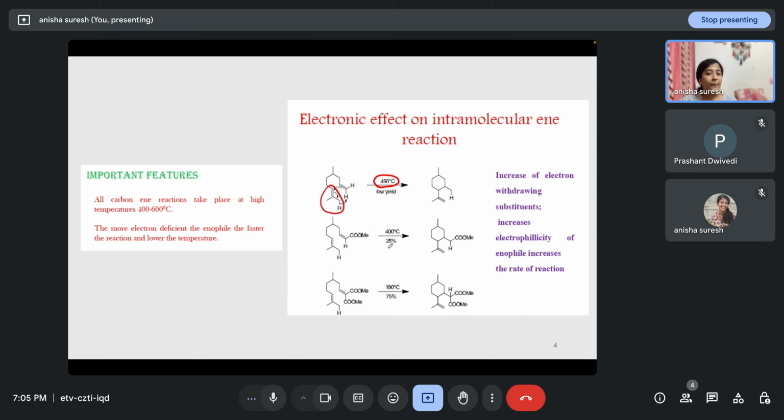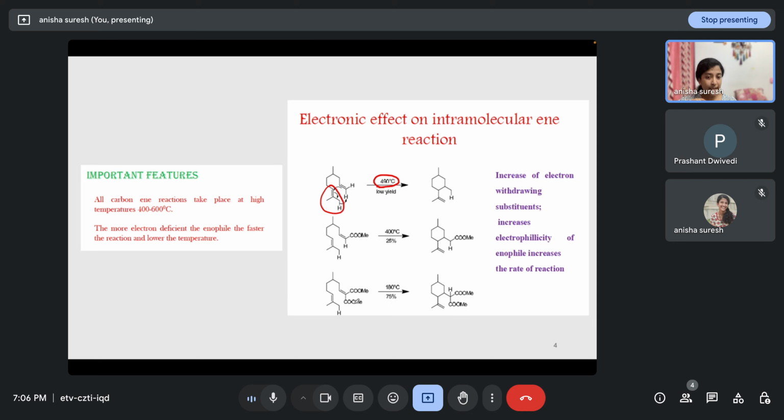Now, if we substitute both these hydrogens with an electron withdrawing group like COOMe, the reaction temperature comes down even more and the rate of the reaction also increases, giving this product at a much faster conversion.